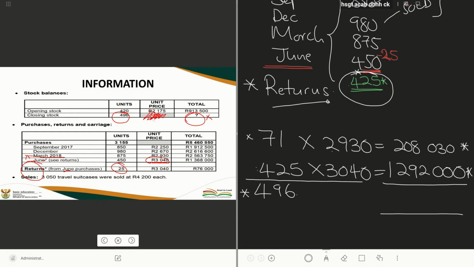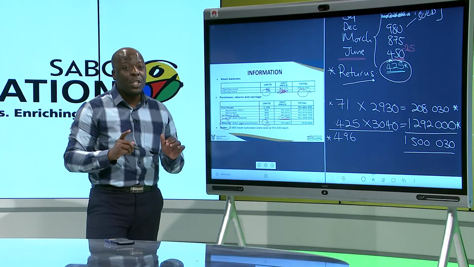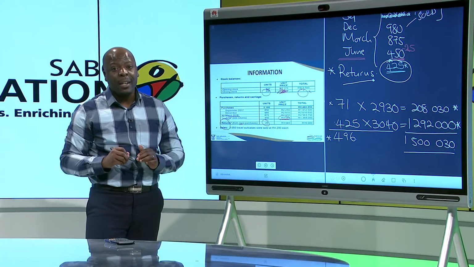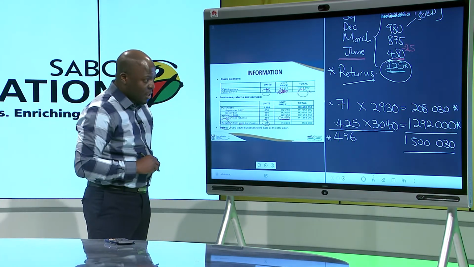And once you've done that, you will get an amount which is 1,500,030. Once you get to these figures, it means you already have the value of your closing stock.